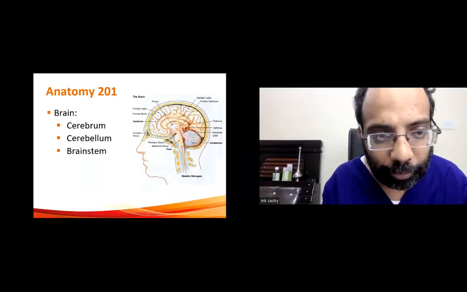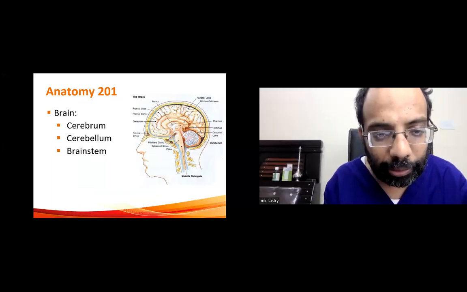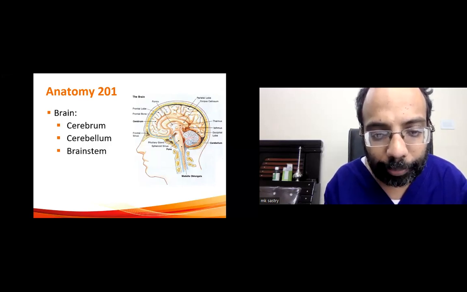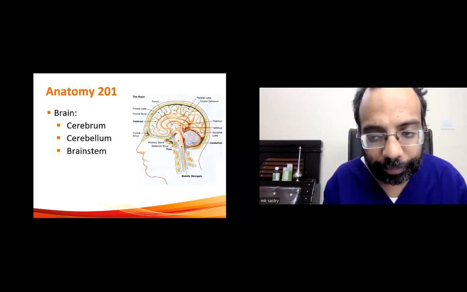So this is the anatomy of the brain: cerebrum, cerebellum, and the brain stem. So the brain has three parts. What are they? Cerebrum, cerebellum, and the brain stem.